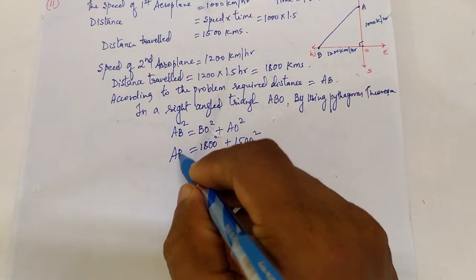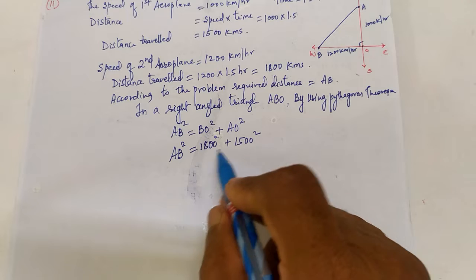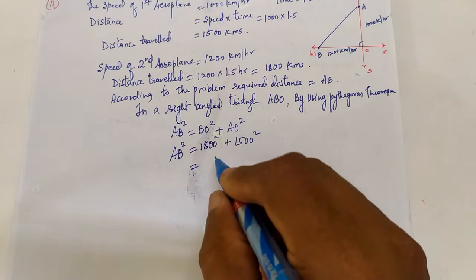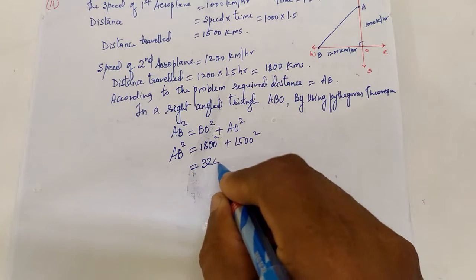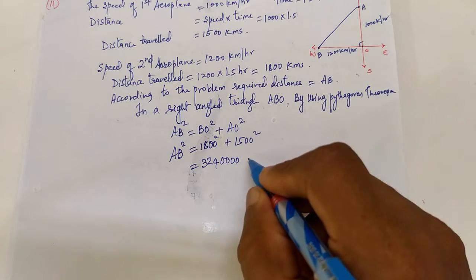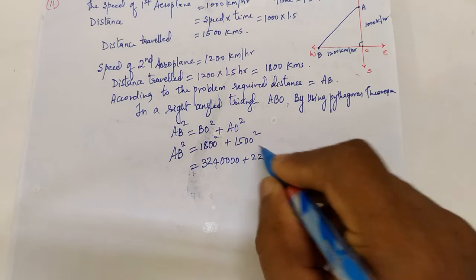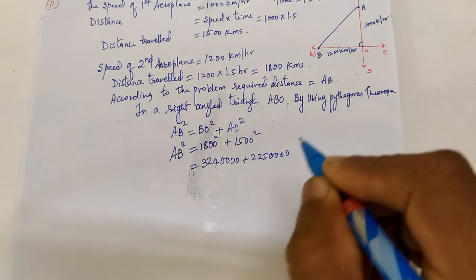So AB square. Now 18 into 18 is 324, and these 4 zeros, and 15 into 15 is 225, and these 4 zeros.